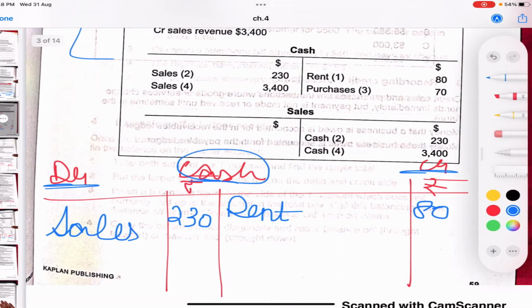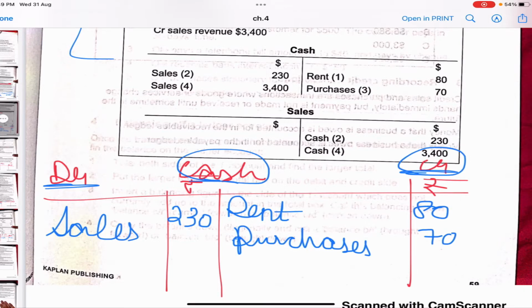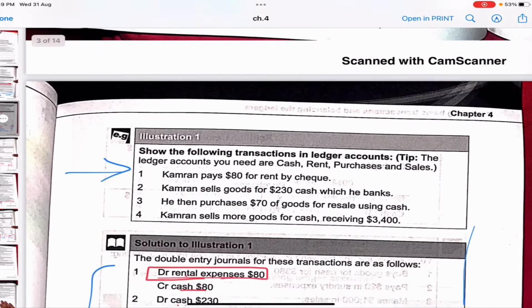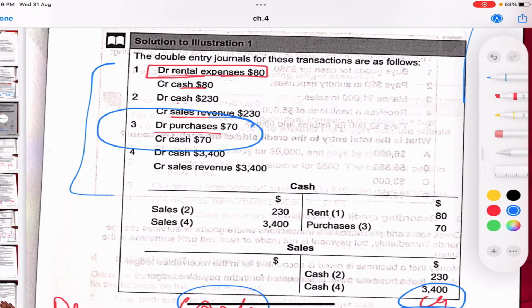By what are we putting 70 over here? By purchases, right? Next, what's the next thing? Purchases are getting debited in this. Okay, we have that. We've done this right now.